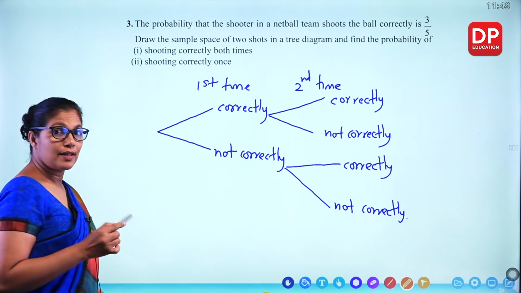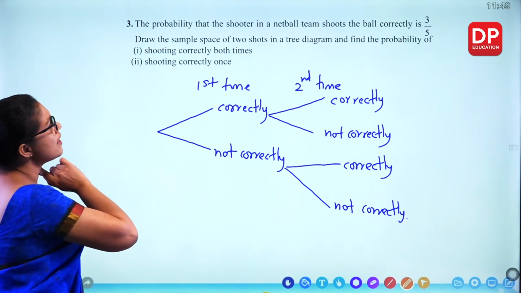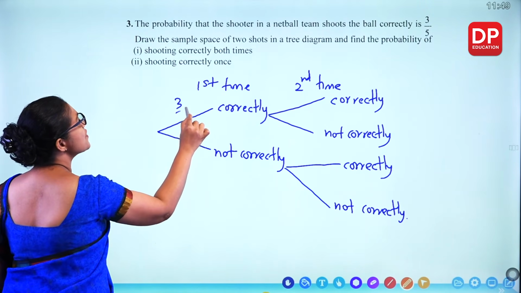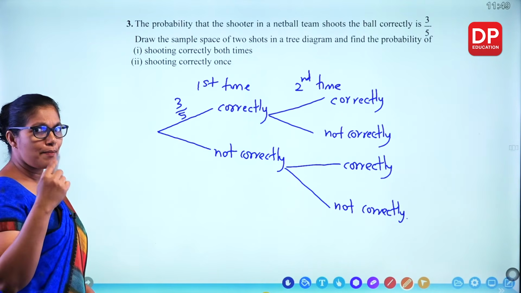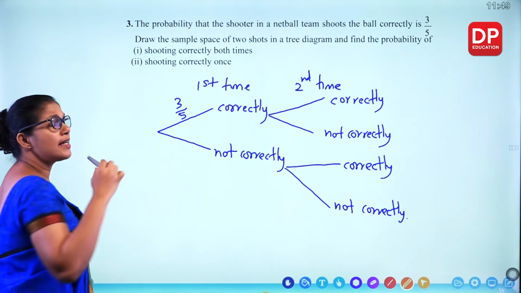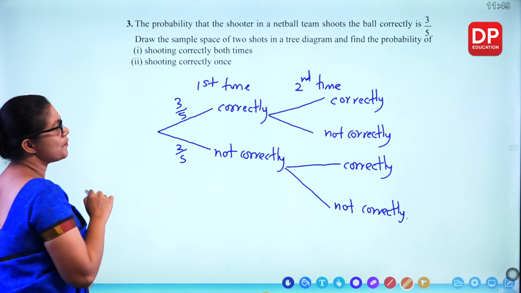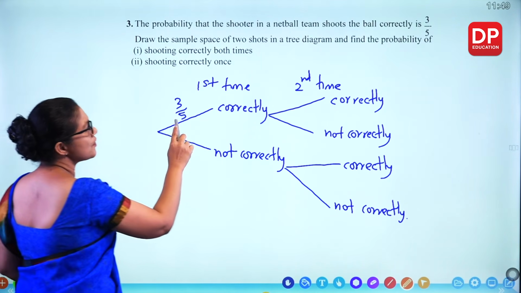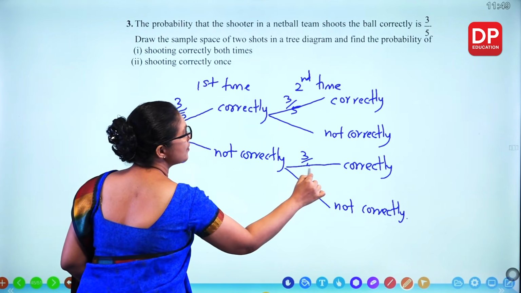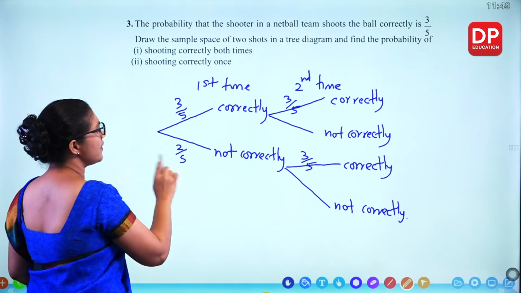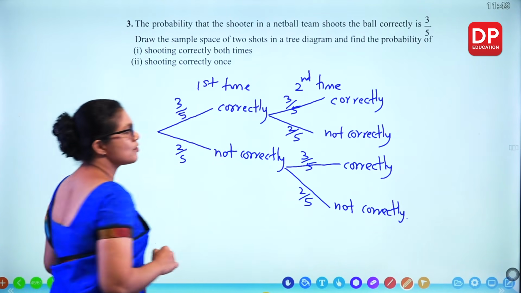What's the next step? You have to write down the probability. So what's the probability of shooting correctly? It's given 3/5. How can we find out this probability? Remember that when you add these two, you are getting 1. So 3/5 is there. This should be 2/5. Now fill the other gaps. 3/5 here, 3/5 there, 3/5 here. Then not correctly 2/5. This is 2/5 and this is 2/5.